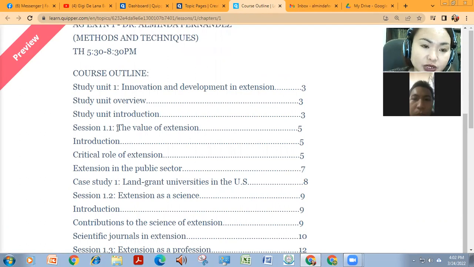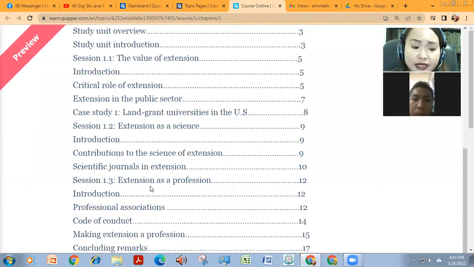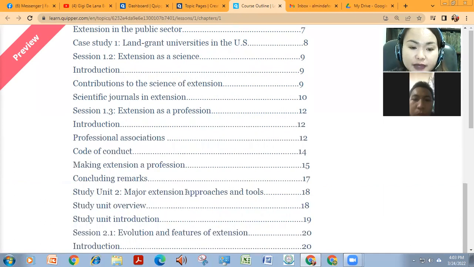So in unit 1, we have innovation and development and extension. Which is also by lesson, no? In session 1, the value of extension, extension as a service, and then extension as a profession.